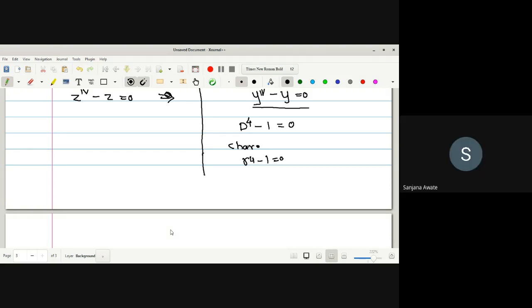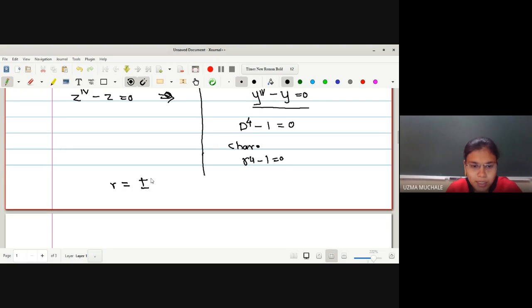r is equal to plus or minus 1 and plus or minus i. Correct. You can solve this equation also, no doubt the same type of equation. So we can solve any one, because these are nothing but the combinations of the above two equations.